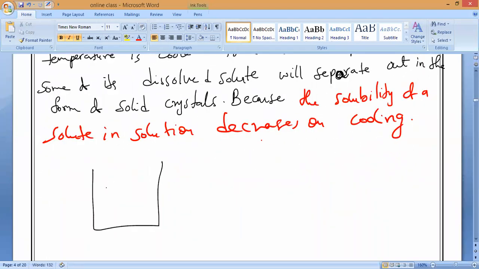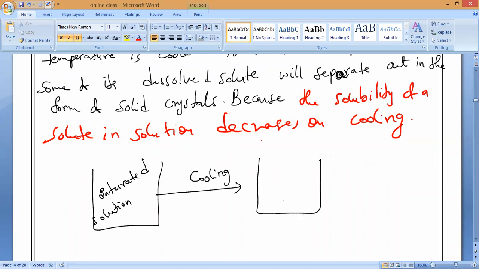So now draw the diagram. We have to take a saturated solution. So it will be the cooling effect. Some of the salt will be condensed back and form solid crystals. The remaining will be in the form of liquid or aqueous state.